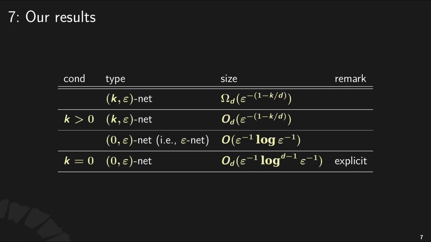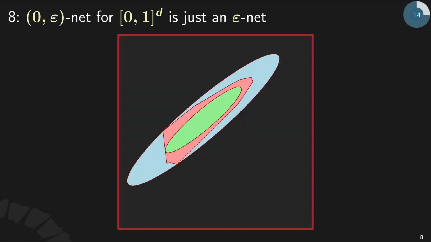So we give an explicit construction. The bound is worse by a polylog factor than the standard epsilon net bound, but the construction is simple, explicit, and hopefully nice.